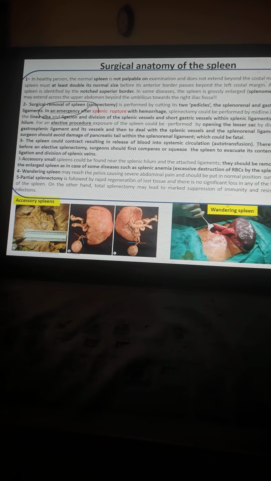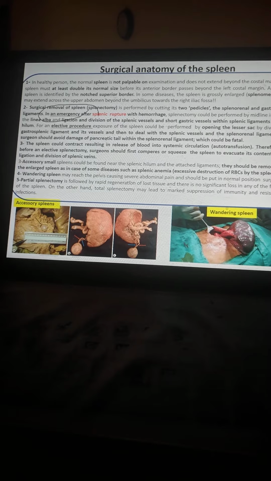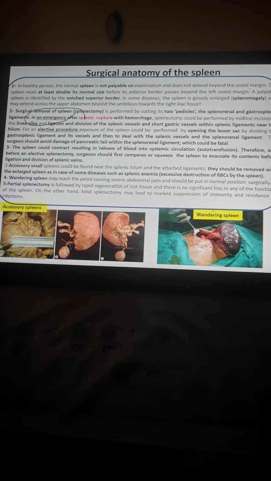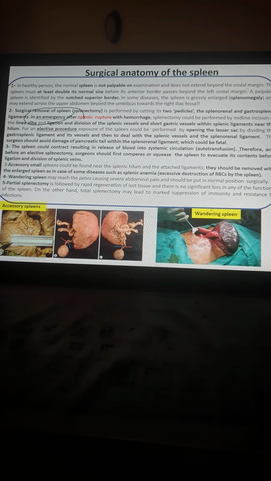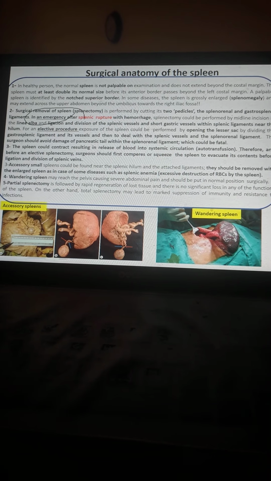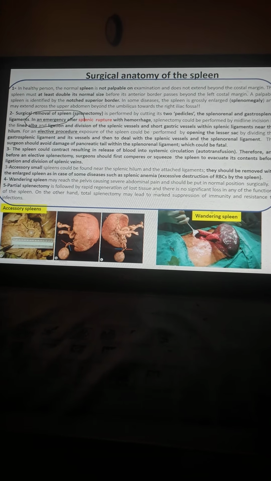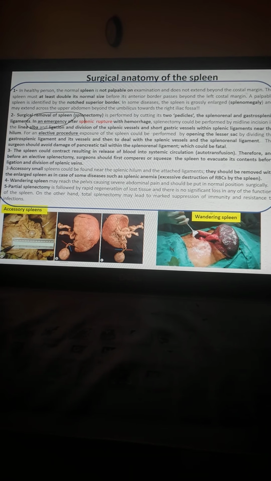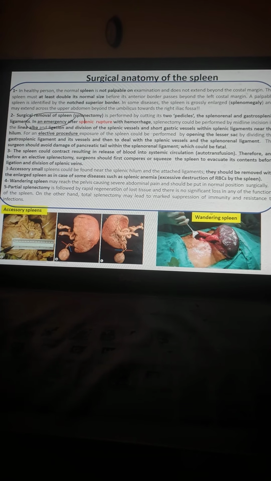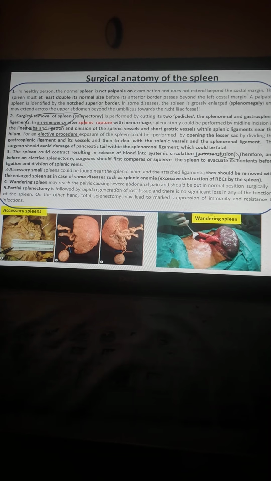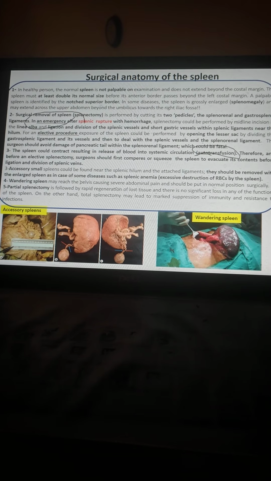In this condition we remove the spleen, but before we remove it, in some conditions we have to squeeze the spleen by hand to evacuate the blood before its removal, and we call it autotransfusion.